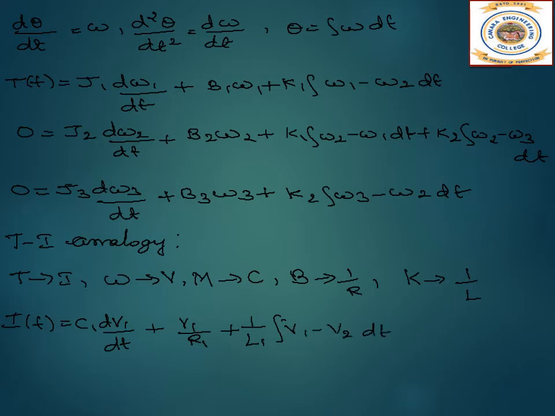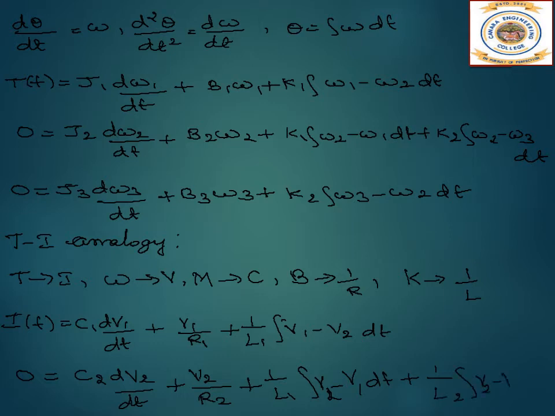Equation 1. Equation 2. 0 equal to C2 dV2 by dt plus V2 by R2 plus 1 by L1 integral V2 minus V1 dt plus 1 by L2 integral V2 minus V3 dt.